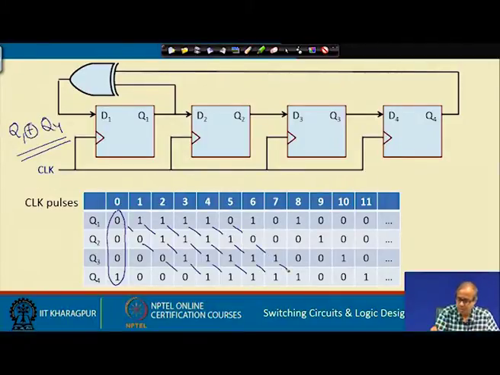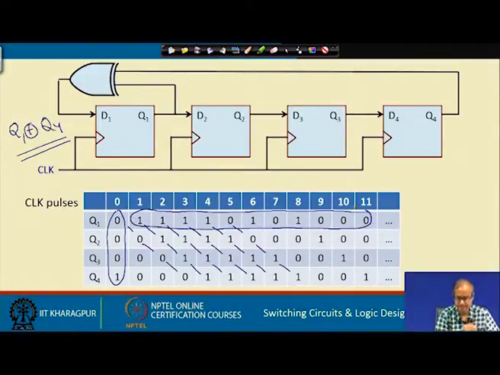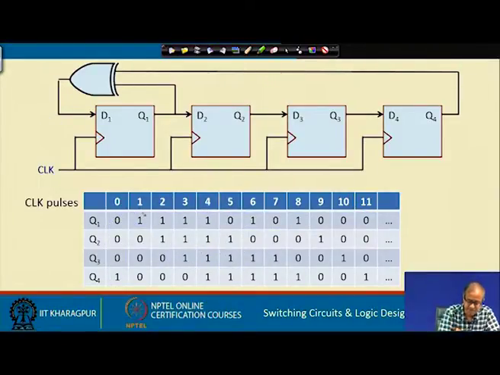Now, the point to notice is what is the next bit that is shifted in here. Let us look into this. The first bit will be the exclusive OR of 0 and 1, Q1 and Q4. 0 XOR 1 is 1, so 1 gets shifted in, and the other 3 bits are simply shifted. Next one is also the exclusive OR of 1 and 0, which is 1.